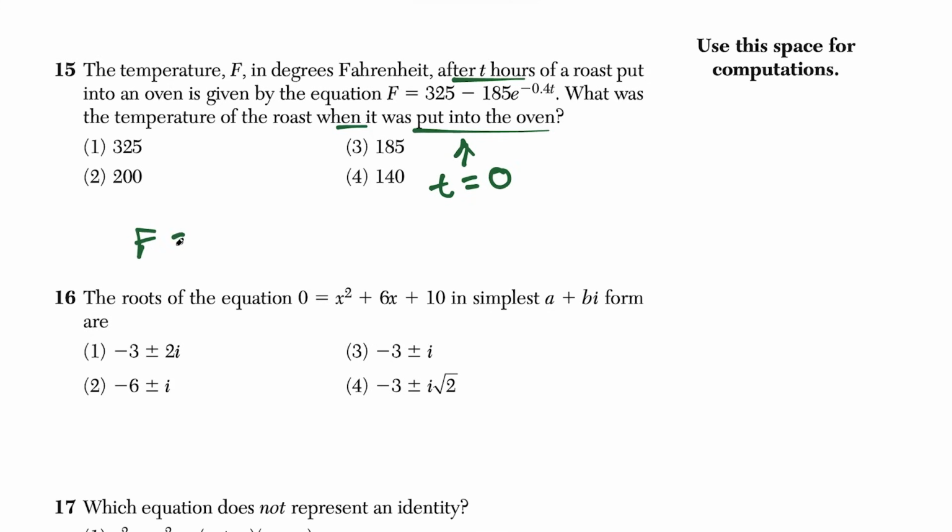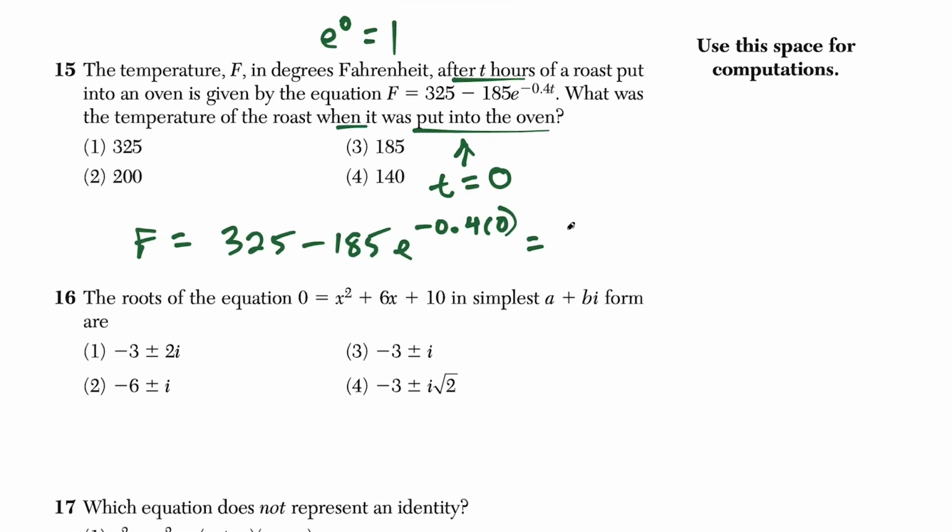So we're going to have F equals 325 minus 185 times e to the negative 0.4 times 0. This is something I could just type right into the calculator. Or one thing I could note is that e to the 0 is equal to 1. So when I have my exponent multiplied by 0, this is just going to work out to e to the 0, which is 1.